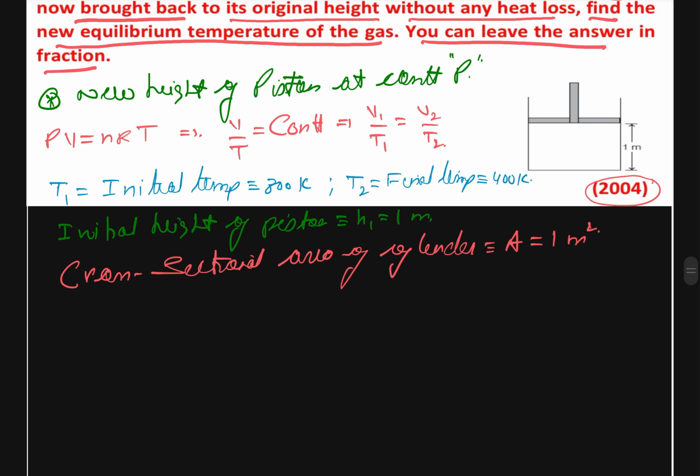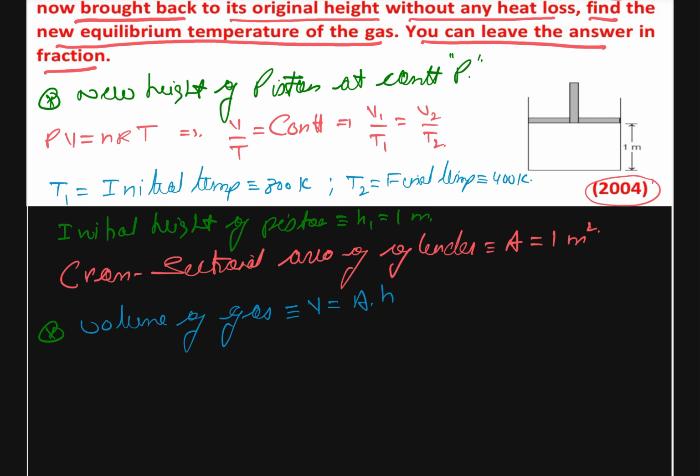Therefore we can say that the general formula we can write as volume of gas. If we represent it as V, then V will be equal to area multiplied by the height of the piston.